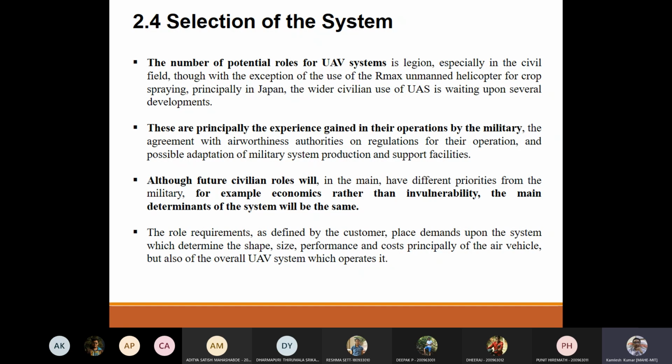So we should have a proper legal agreement with the authorities who are going to certify our products. Then what production or support facilities are required to adapt this; that again will be captured under this.